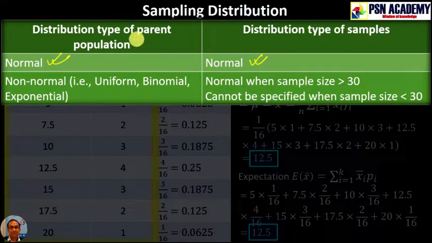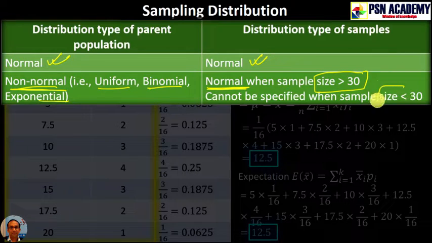And if the parent population is non-normal, that means the parent population is of uniform type, binomial type, or exponential type, then also your sampling distribution will be normal if your sample size is greater than 30. And if the sample size is less than 30 and the parent population is non-normal, then the sampling distribution cannot be specified.